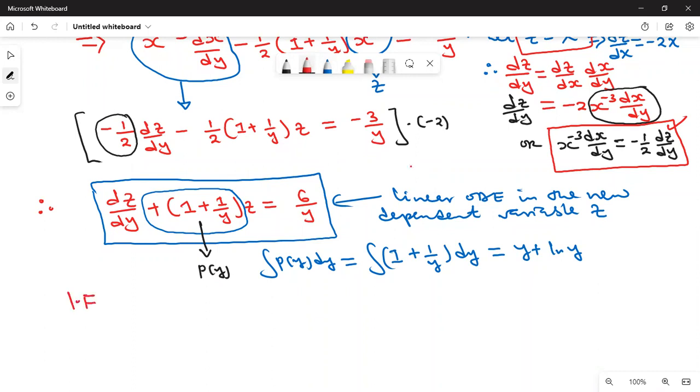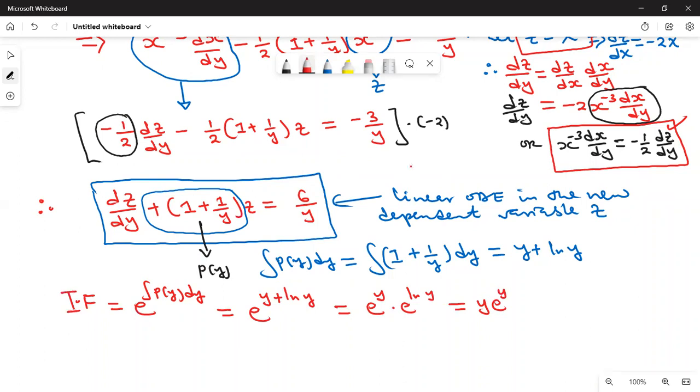Integrating factor is equals to exponential of the integral of p of y dy. That's the same as exponential y plus ln y. And this is the same as writing exponential y times exponential ln y. This can be written as y times exponential y. So that's the integrating factor.